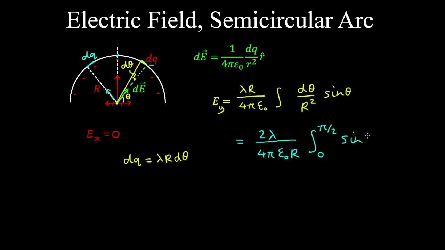So we have sine theta d theta. So this integral evaluates a minus cosine theta from 0 to pi on 2. So it's going to evaluate to 1. And therefore we obtain lambda on 2 pi epsilon naught r. So this is the magnitude of the electric field at the center of the semicircular arc, and due to symmetry it acts upwards.